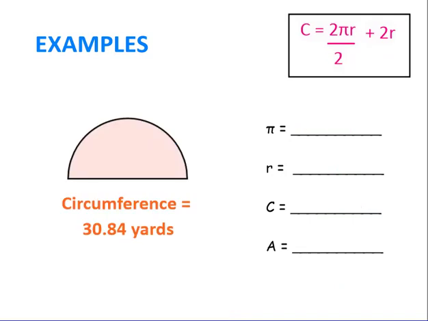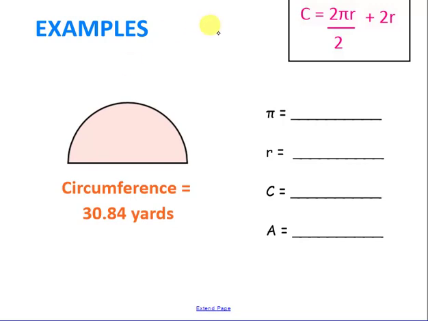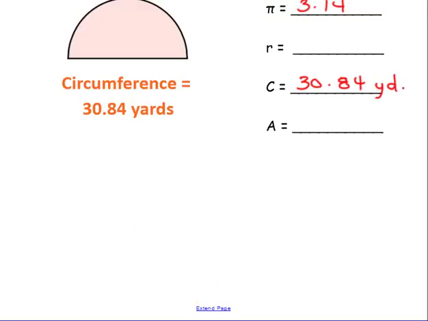All right, what happens when we need to work backwards? So similar situation to all the other ones that we've done before. So we have pi, which is 3.14. We don't know our radius, but we do know that the circumference is 30.84 yards. So start with the formula.